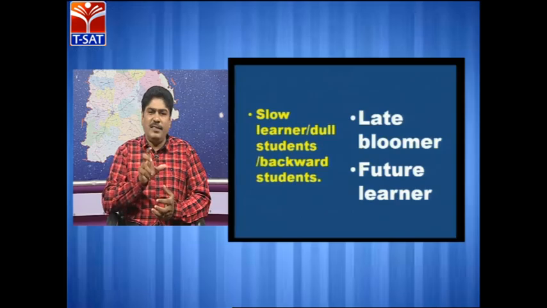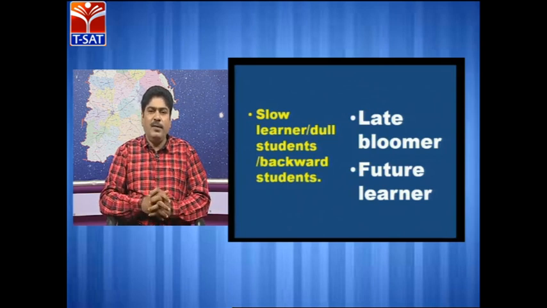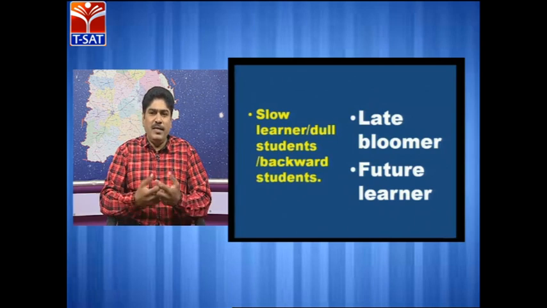We can't label them as slow learners, and always encourage them, give positive reinforcement, provide scaffolding and help them to learn well. And if you label them as a slow learner, the word itself hurts the student, and he may not be able to pick up in his studies or in his future development.